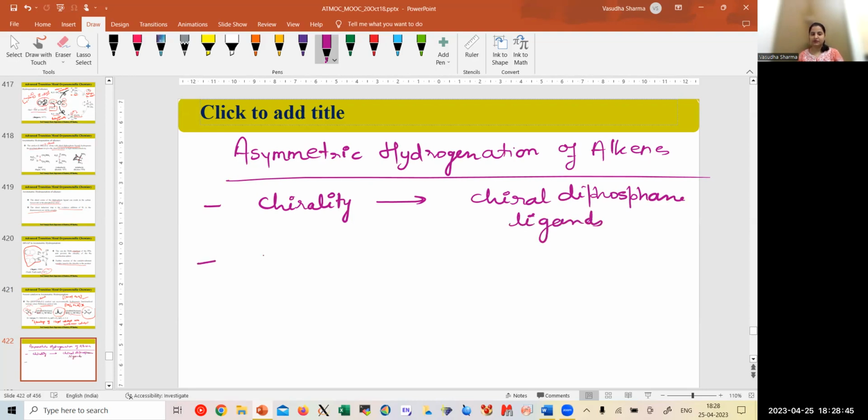And we found that BINAP ruthenium X2 is called the Noyori catalyst.